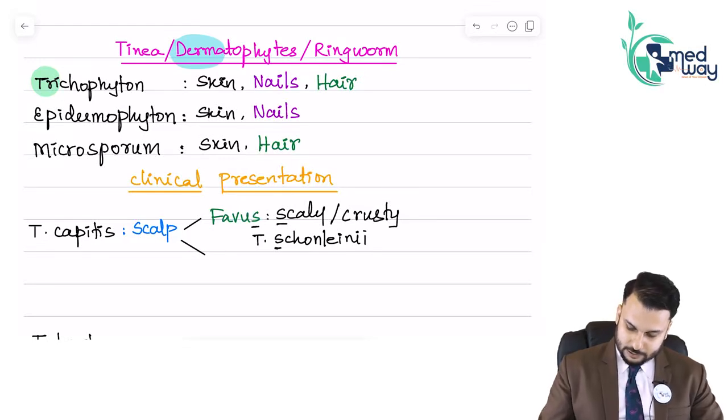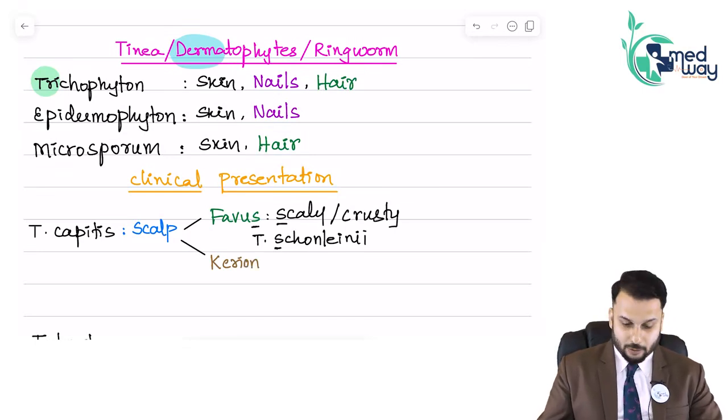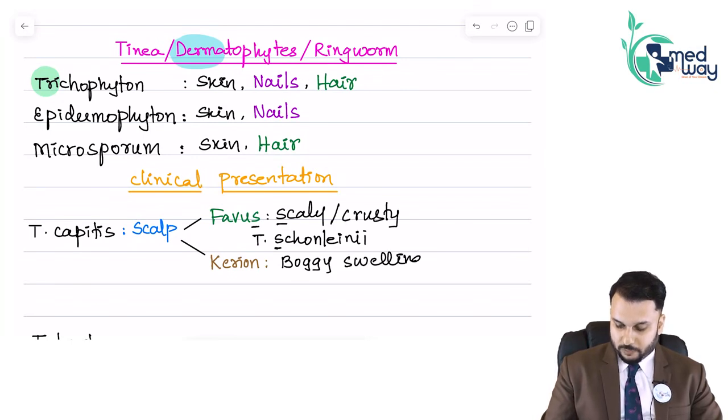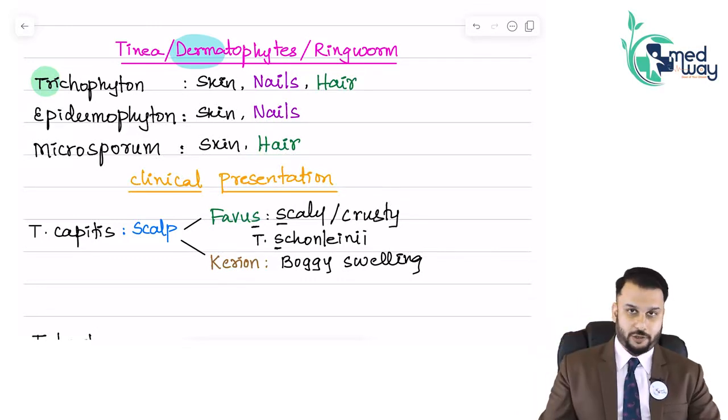Okay, the next one we are calling kerion. So when we are talking about kerion, how is this different? Please remember, it presents as a boggy swelling. So this one is scaly in nature and this one is a swelling in nature. These two are different. And who causes this?